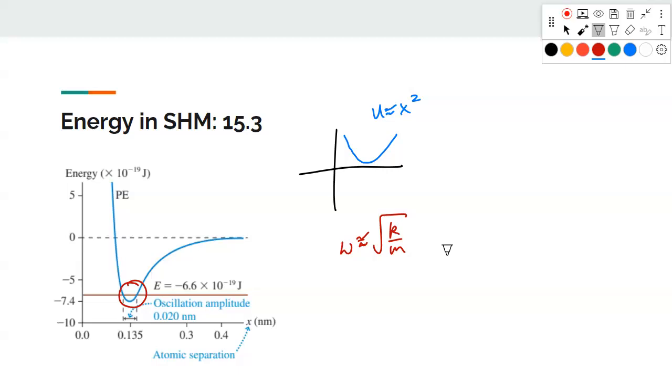So the bond between the molecules has some springiness to it, and by making these molecules or atoms get excited by giving them energy, they start to oscillate, and we can measure the frequency of that oscillation, and it tells us something about the bonds between them.